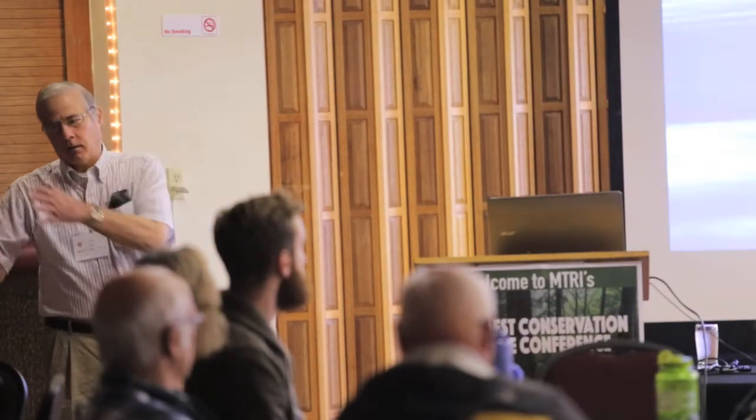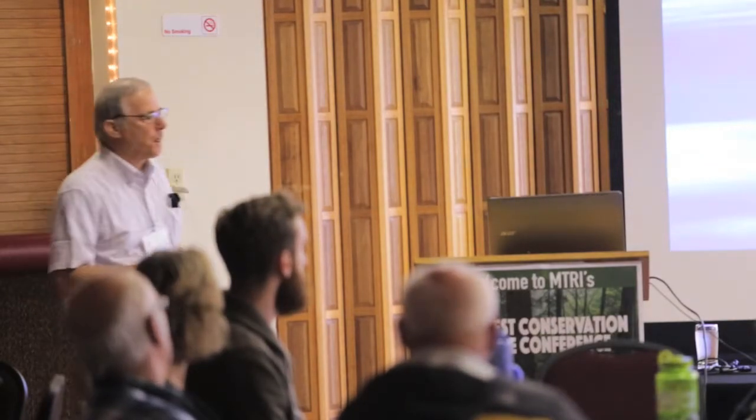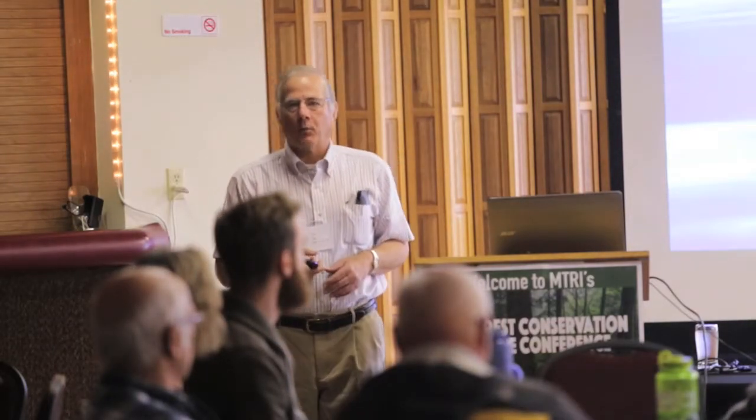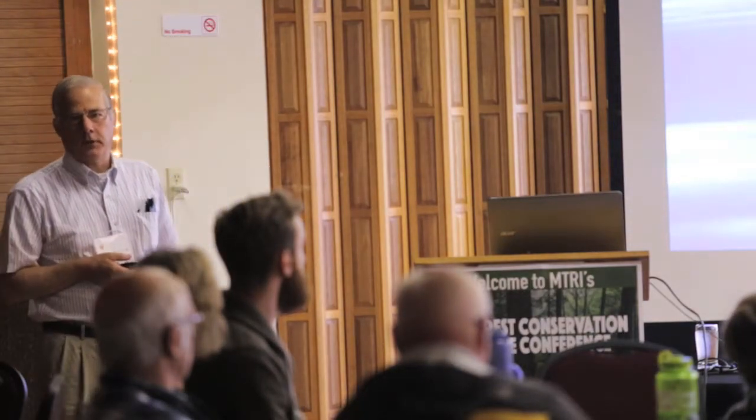Now, if you've got a lichen, let's say on this tree over here, a lichen is a combination of an Ascomycete fungus and an algal partner, most commonly the green algae.